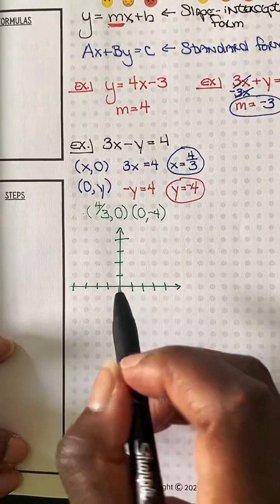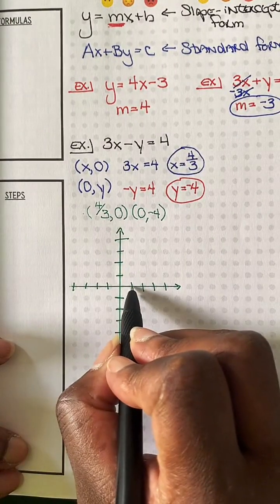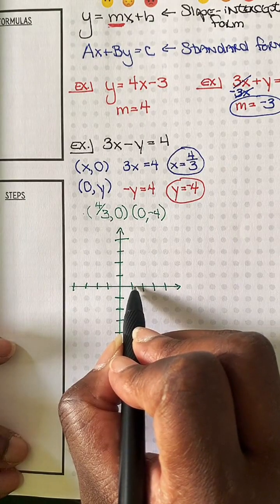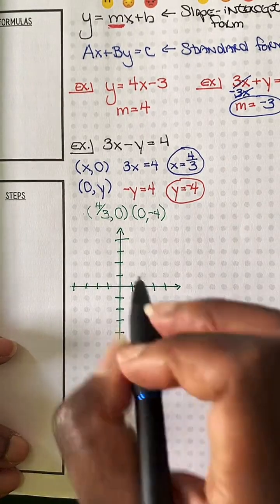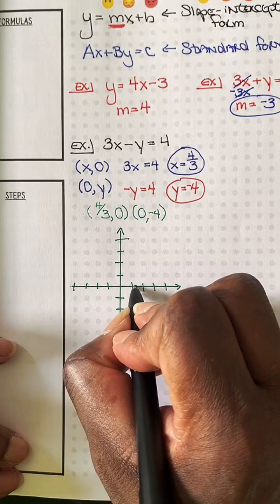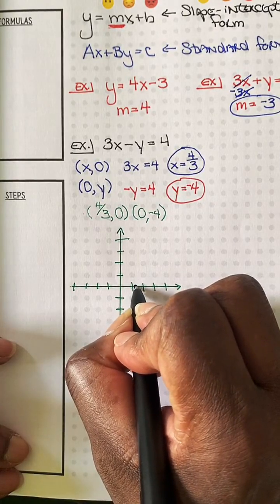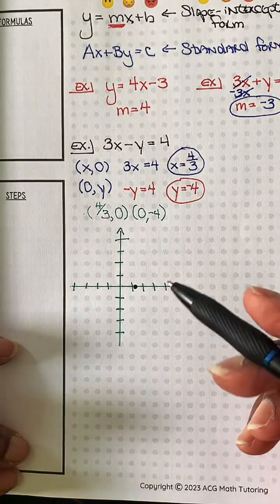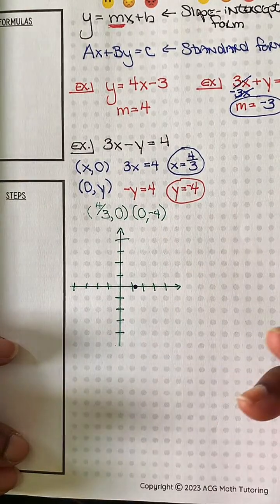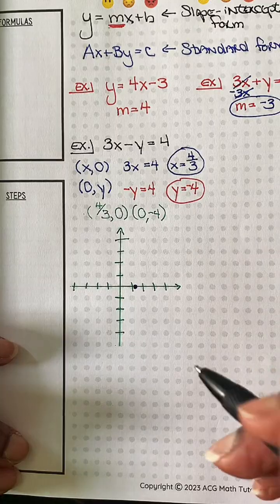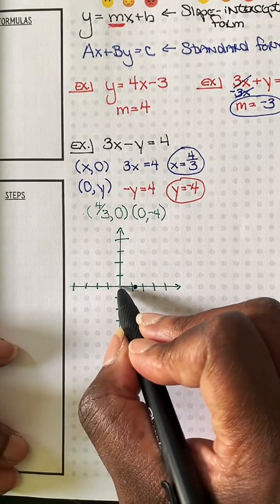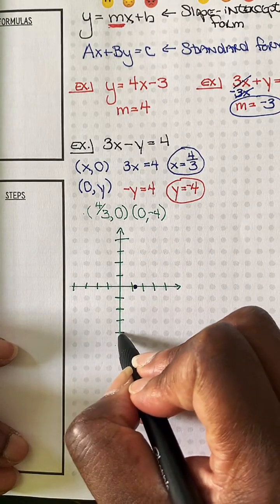I know it's going to be positive, so here's 1, and it's roughly in between here. 4 divided by 3 gives me 1.3333. Now, for the y-intercept, it's 0, negative 4.